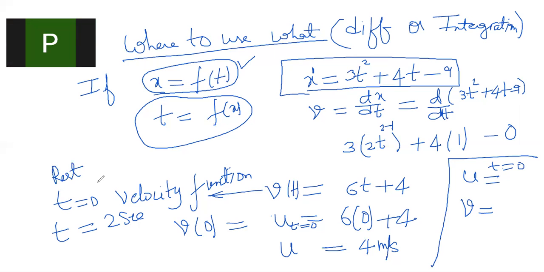Now let us come to the t is equal to 2 seconds. Can I rub this? 16 meter per second, sir. So now let us go to t is equal to 2 seconds. In the question I'm asking what is the velocity at t is equal to 2 seconds. Then what do I have to do? v of 2.